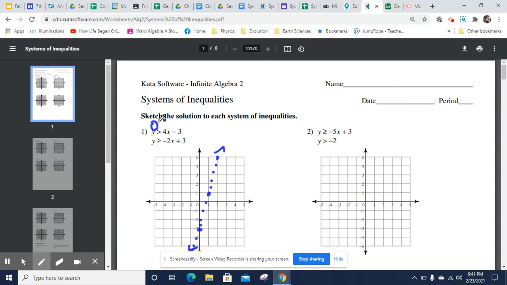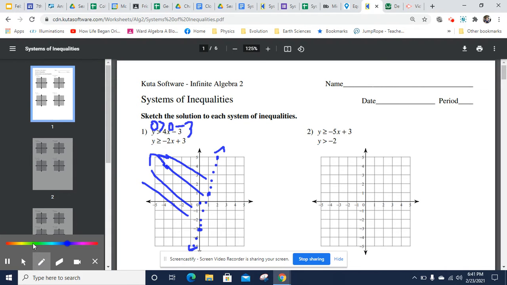So 0 is greater than 4 times 0, so that's just 0, minus 3. So that tells me that this side is shaded. Everything on this side of this line is shaded because 0, 0 does get to be part of the party.